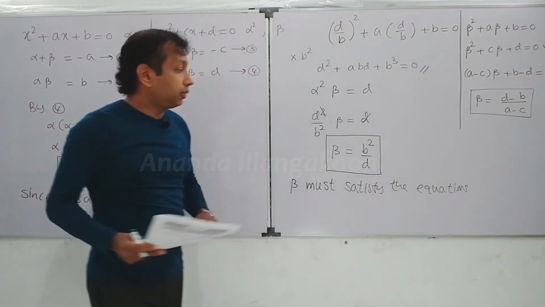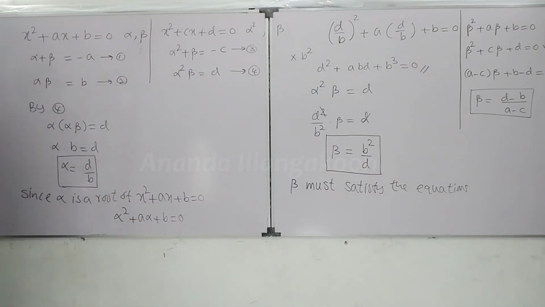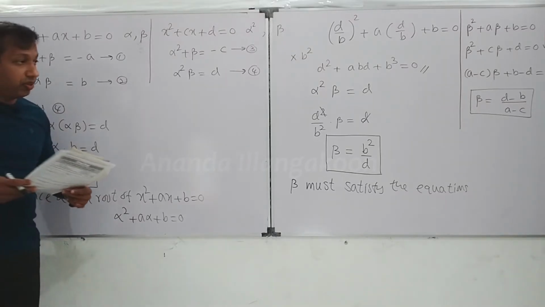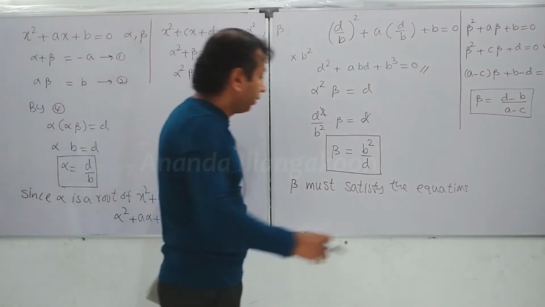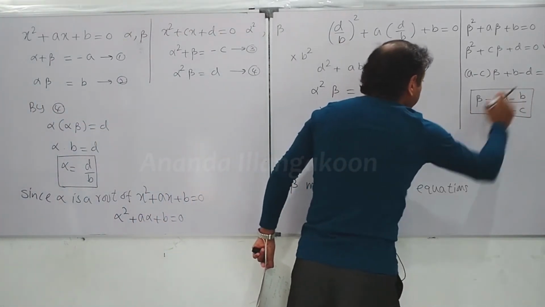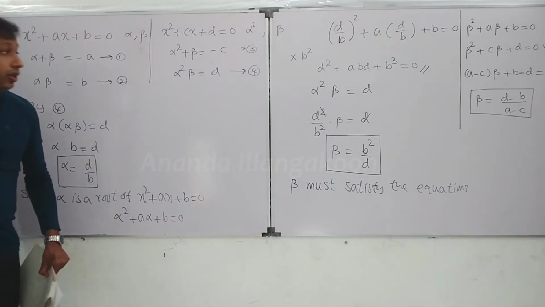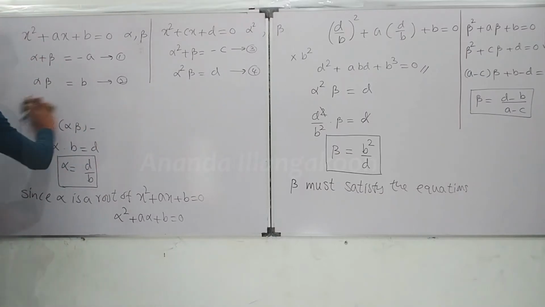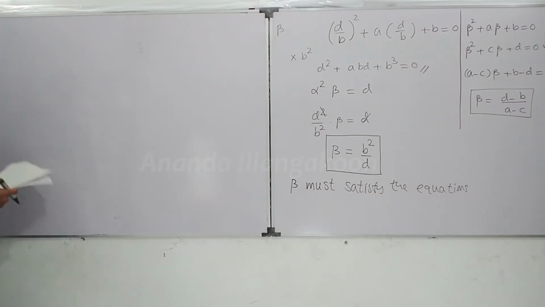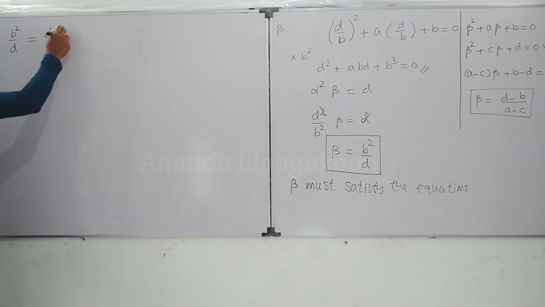Now we have found this beta in two ways, right? So now we can equate them. They must be equal, right? So then we can get the next answer. In that, when we equate the two answers for beta, b squared upon d is equal to d minus b upon a minus c.